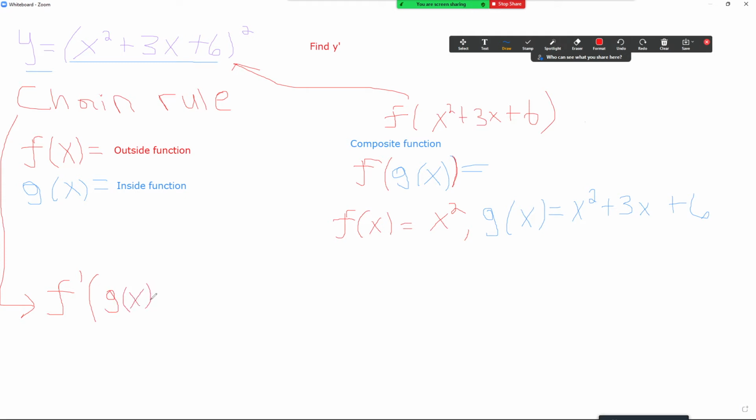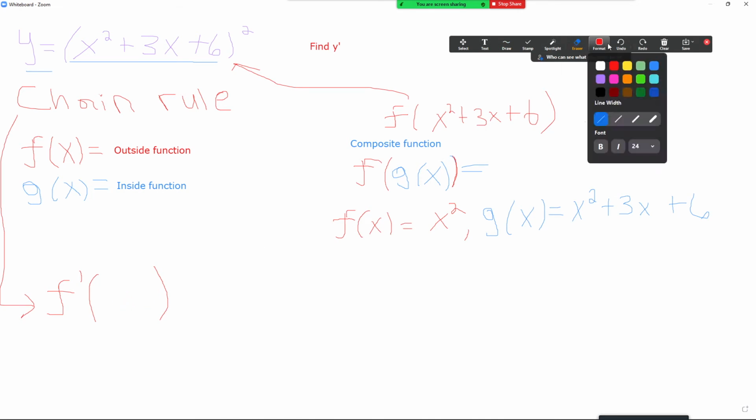You take the derivative of the outside part, and you substitute your g function into that outside derivative. So that's the first part. And I should use a different color to distinguish the two.